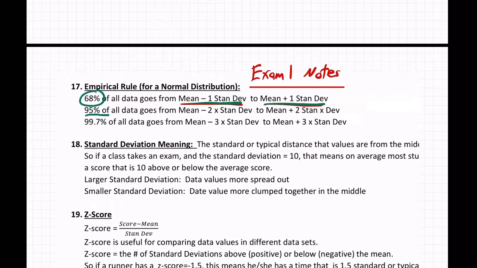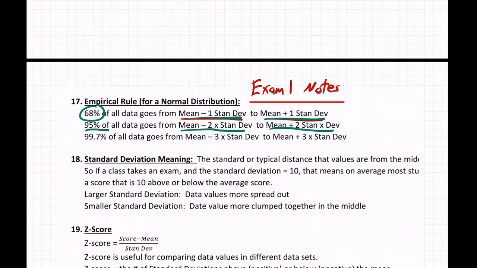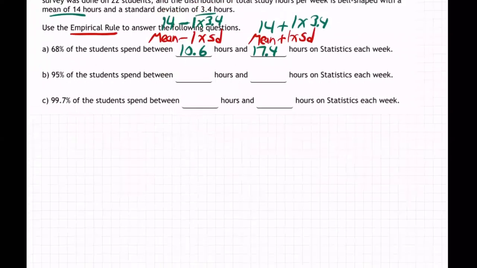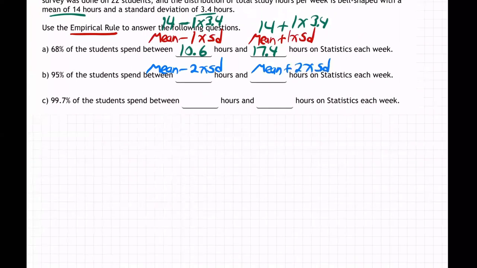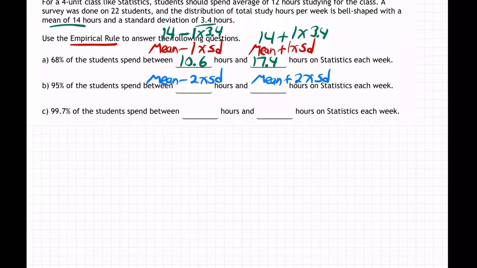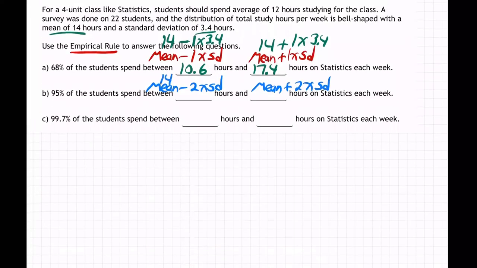Then the next one, 95%: the mean minus 2 times the standard deviation to the mean plus 2 times the standard deviation. So let's come back up here. What numbers go there? The mean is 14, it's up here, minus 2 times the standard deviation, which is right here, 3.4.